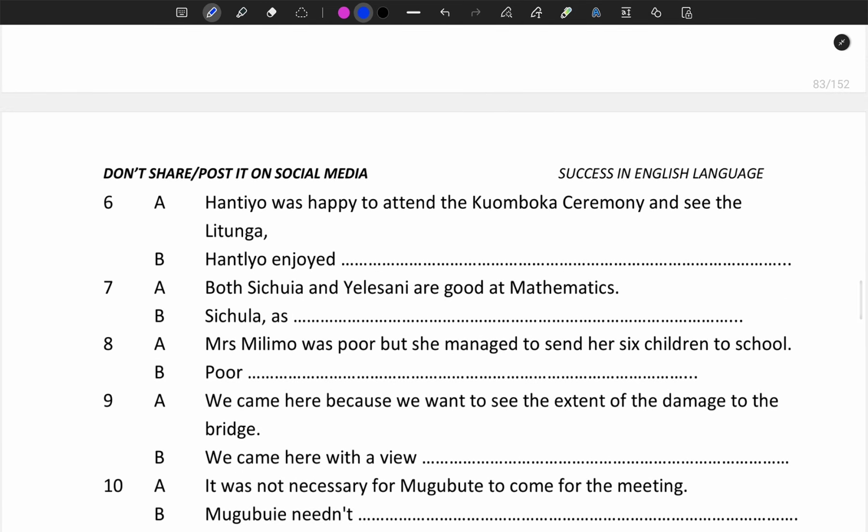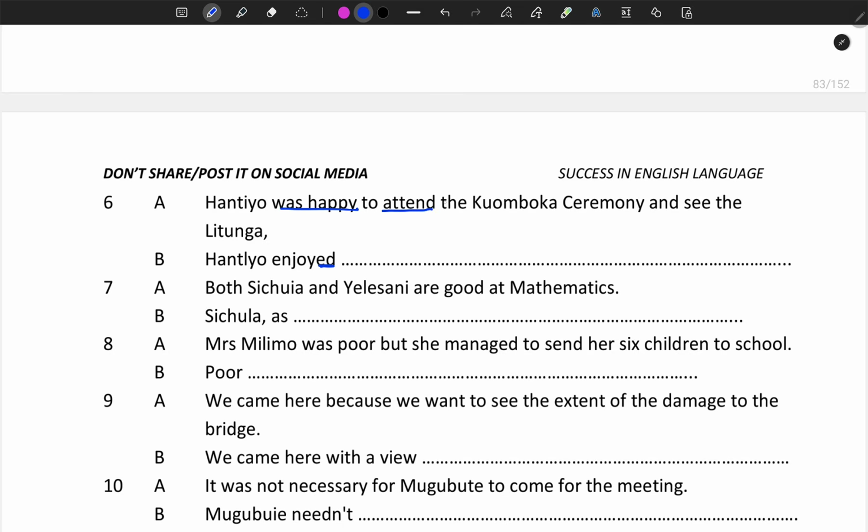So question number 6, Hantio was happy to attend the Kuomboka ceremony and see the Litunga. Hantio enjoyed. So what are we going to change? We need to change some tenses. In the first sentence we have was happy, then we use enjoyed. It's in the past.